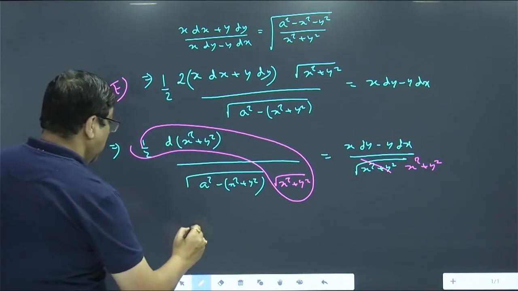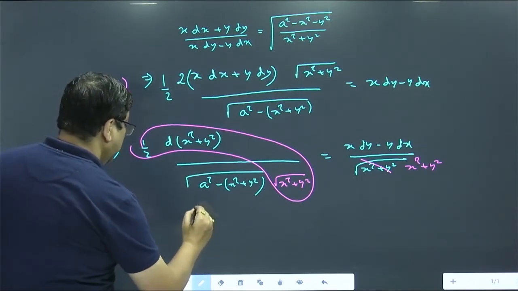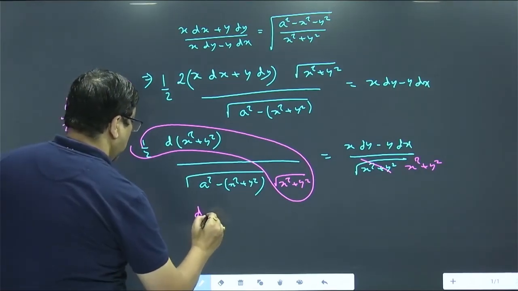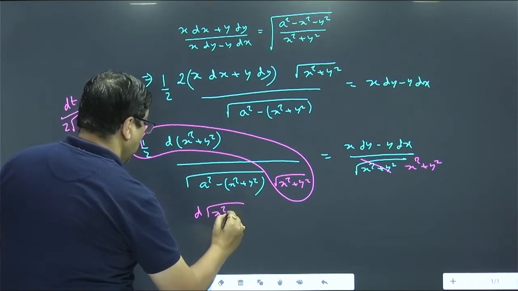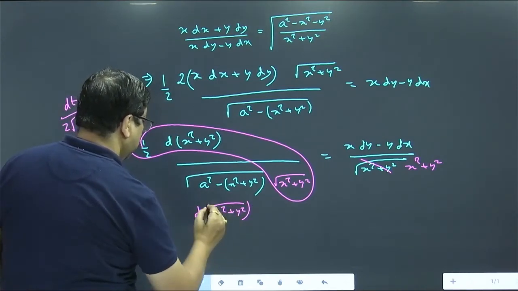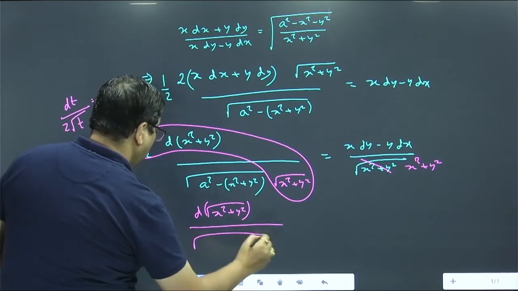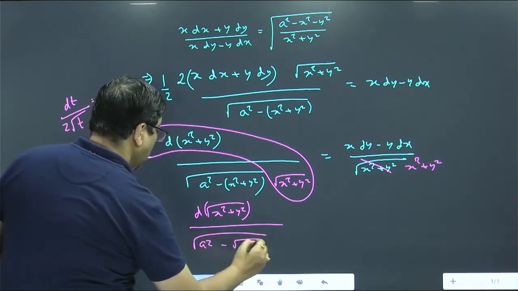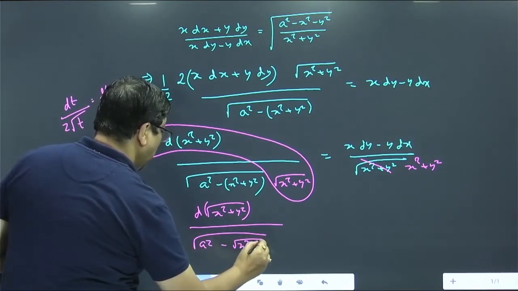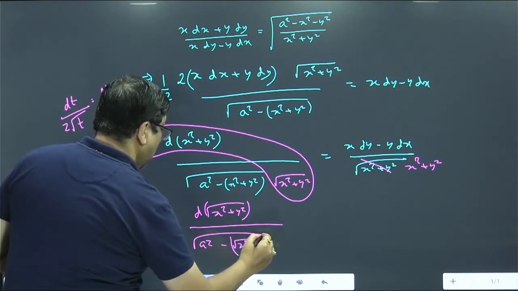So here it is coming to be d of root over x square plus y square by root over of a square minus (root over x square plus y square) whole square.